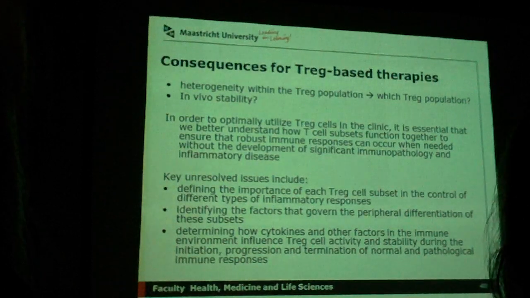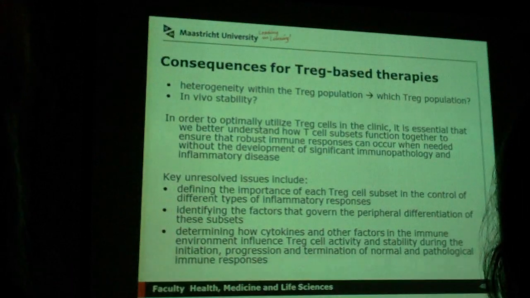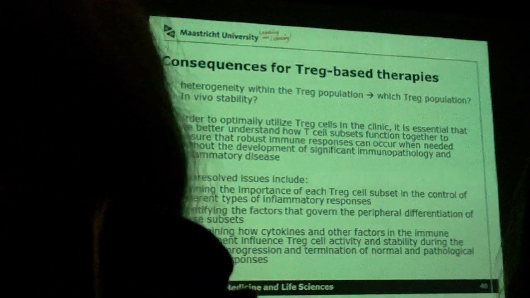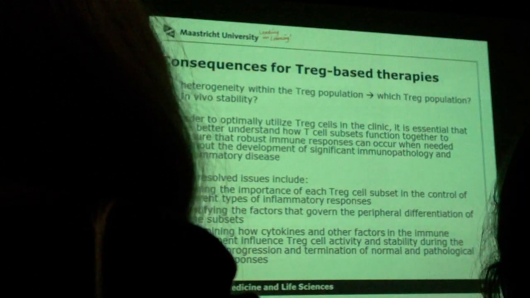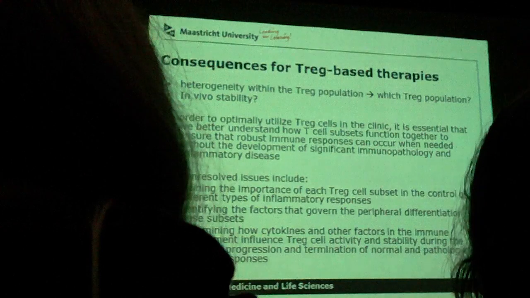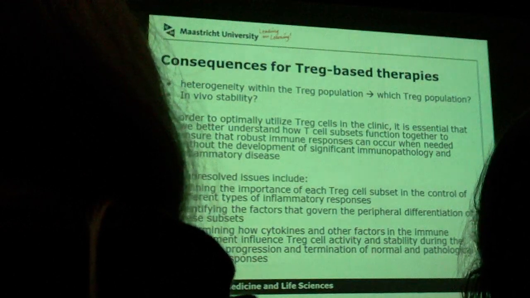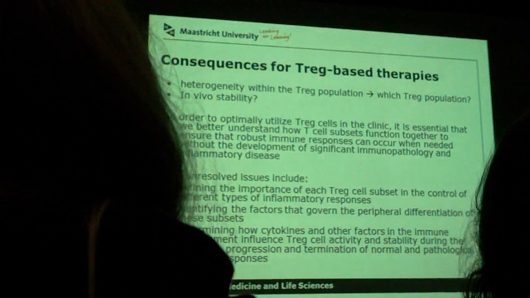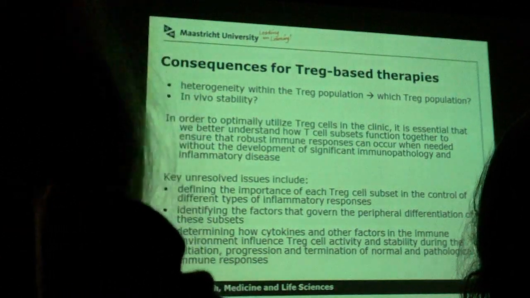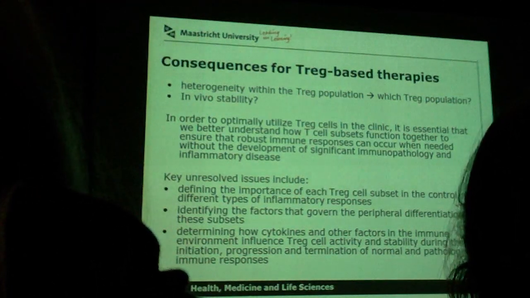For example, which Treg subset controls which type of immune response, which factors determine which Treg you get, and how can we be sure of the phenotype and stability of the Treg if you use it for therapy. So these things need to be resolved before you can even think of using these kinds of immune interventions as therapy.